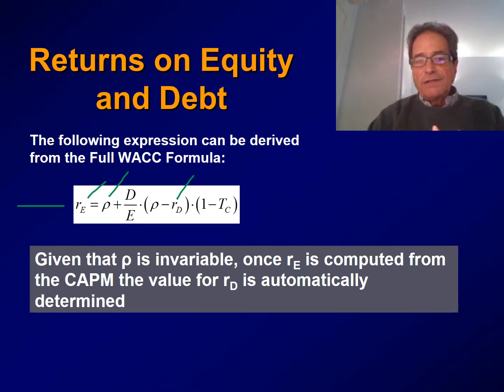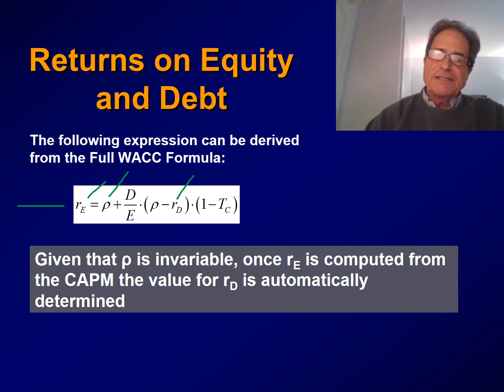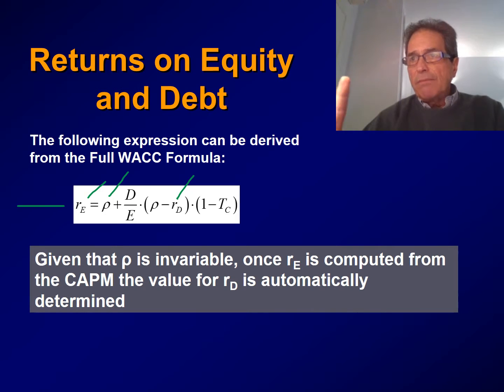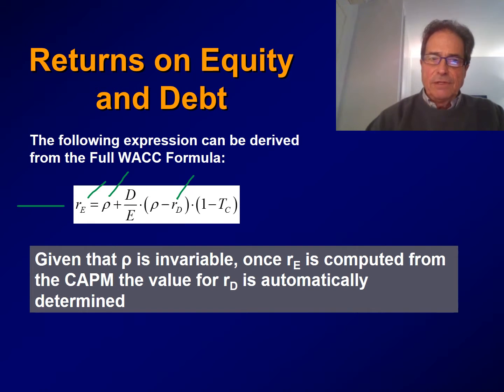So if rho is invariable, once we compute RE using the capital asset pricing model, then for a given level of leverage, D over E, we will have only one value for RD. So we see that RE and RD are not independent variables.